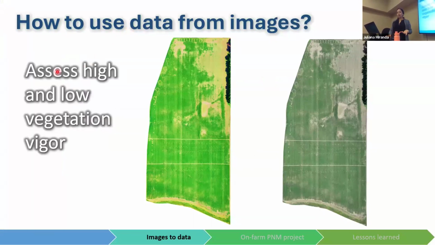So these images can help us to assess high and low vegetation in our field, but we have to be very careful because sometimes we see, oh, there is an area that has low NDVI, so we need to apply more nitrogen. But it's always important to go and check and make sure, because maybe there are no plants there.